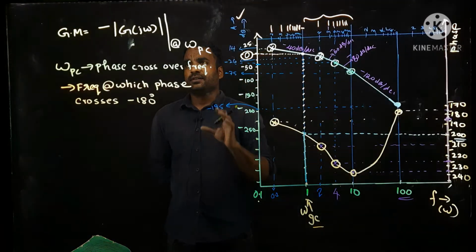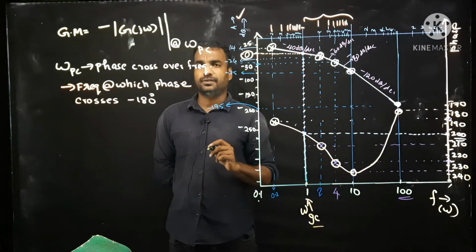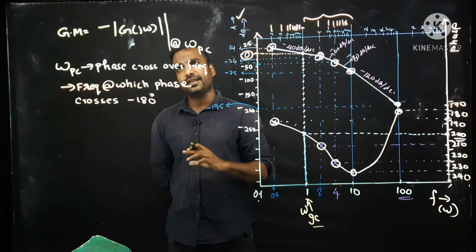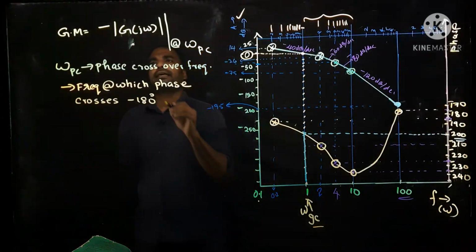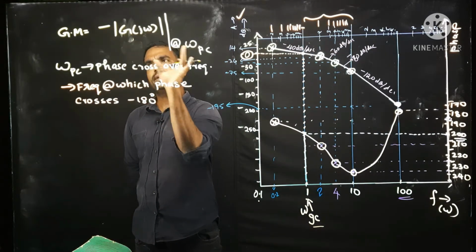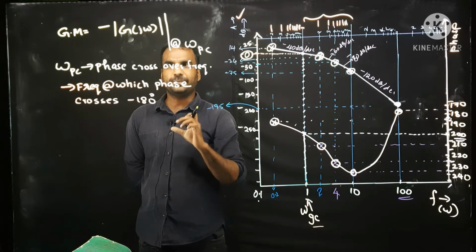Now we are going to find the gain margin. In the previous topic we found phase margin. Gain margin is the negative of gain. Gain margin should be a gain, like in the previous session phase margin was a phase, an angle.